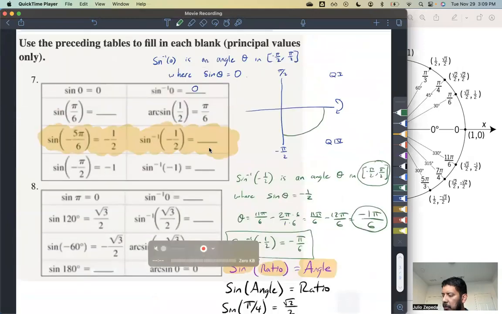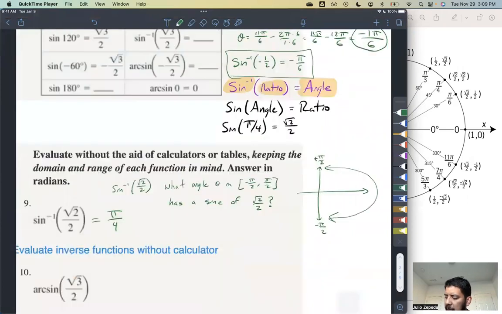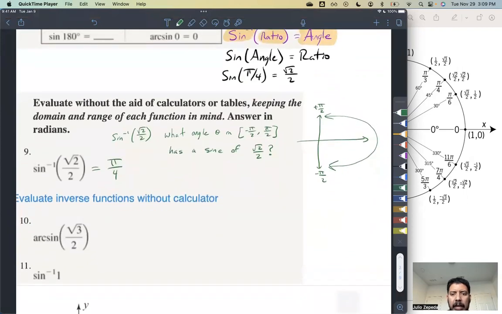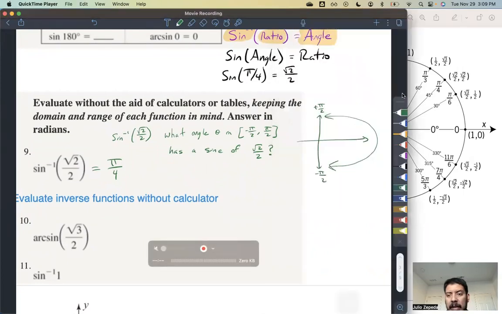We mentioned the range of the inverse sine function is negative pi over 2 to positive pi over 2. That means we restrict ourselves to quadrants 1 and 4 for the inverse sine, not those other two. As we go through the inverse cosine and inverse tangent, we'll see that that might change. But for inverse sine, we're talking about these two quadrants here.